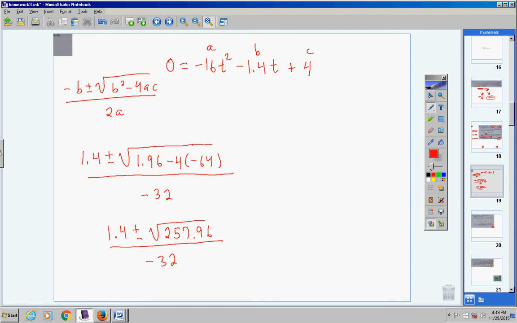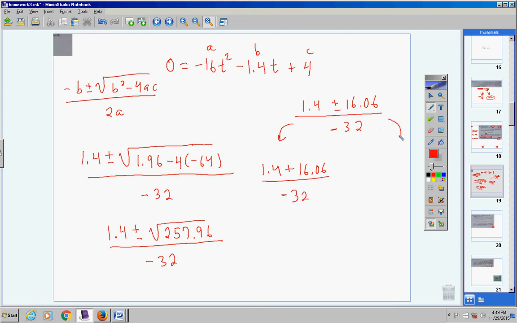Okay? Now, if you take the square root of 257.96, rounded, you'll get 16.06. Your plus or minus is still here with the 1.4, and then a negative 32. Alright, now, first of all, I'll have 1.4 plus 16.06 over negative 32.